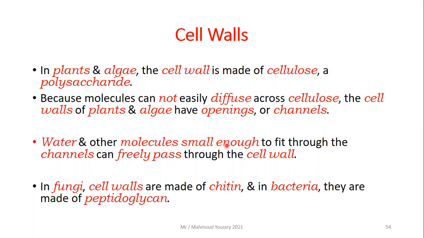Water and other molecules small enough to fit through the channels can freely pass through the cell wall. In fungi, like mushrooms, for example, cell walls are made of chitin, and in bacteria, the cell walls are made of peptidoglycan. So this is the difference.